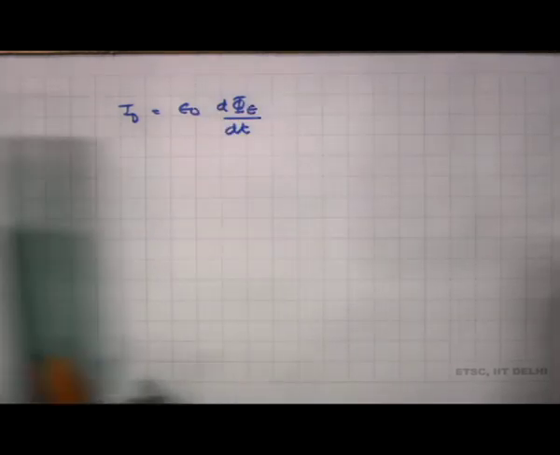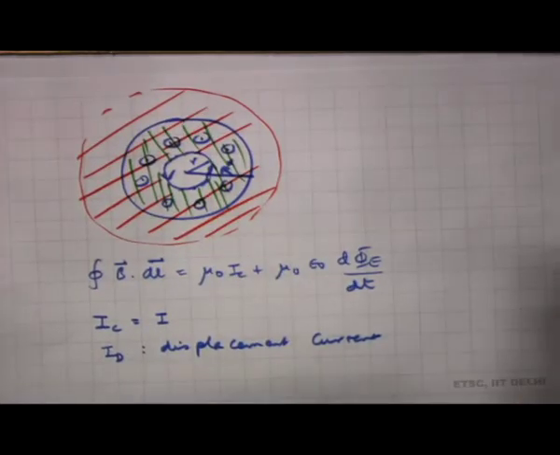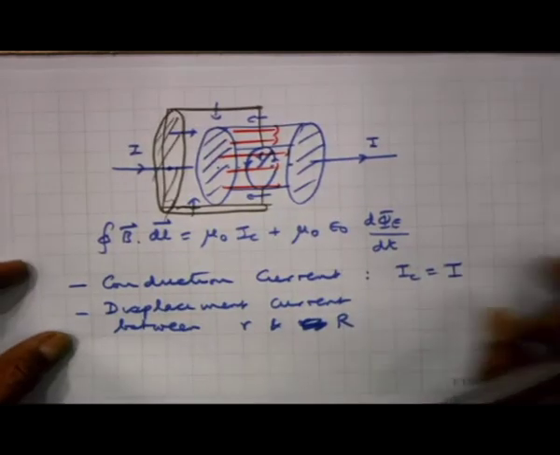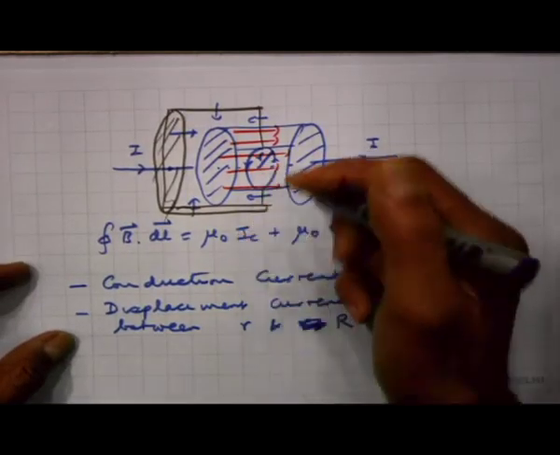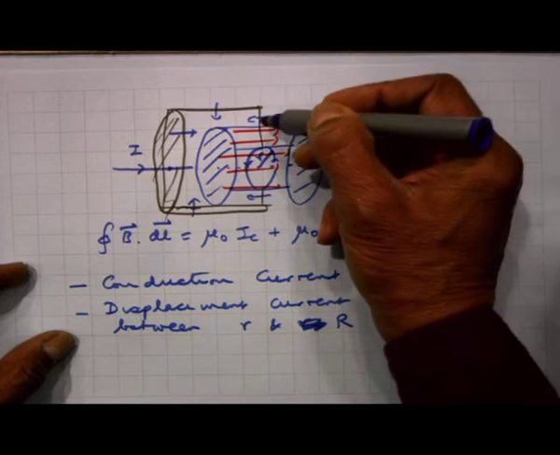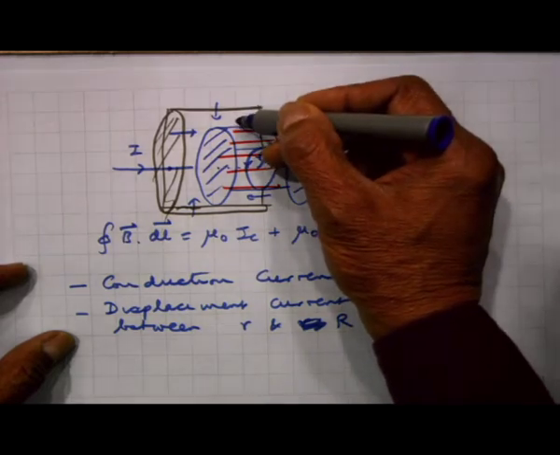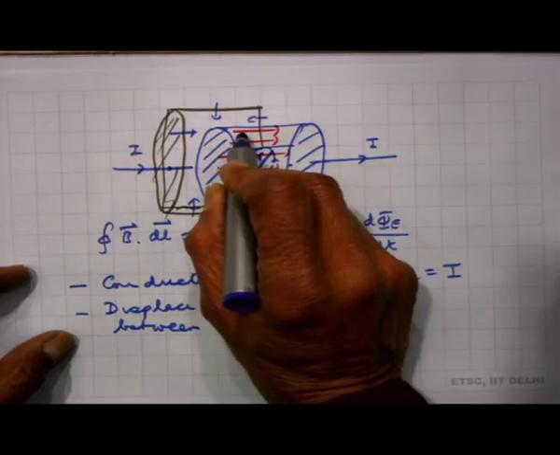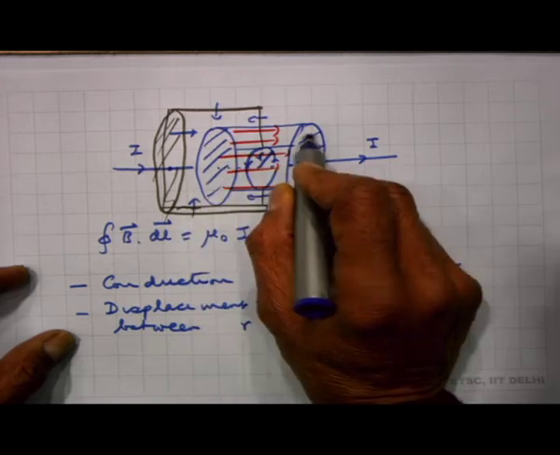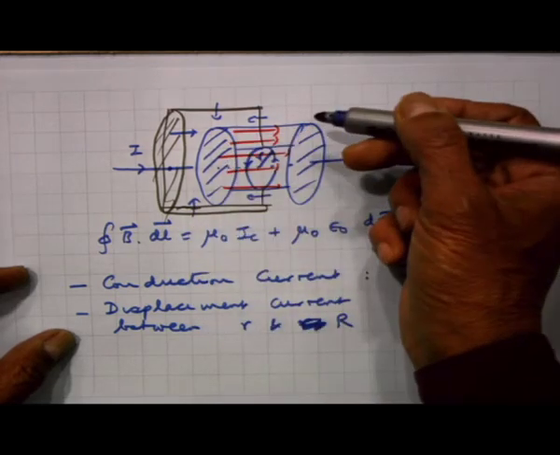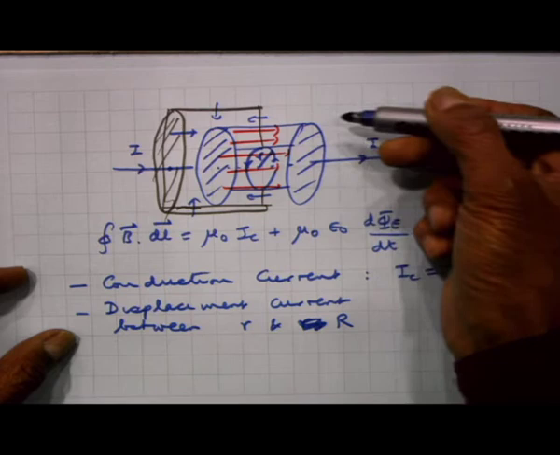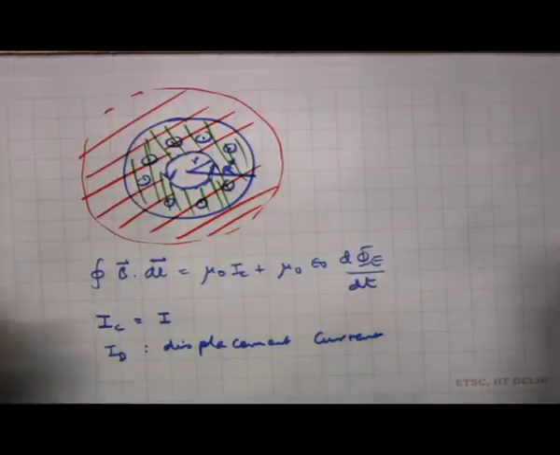Now, here is where the problem appears: because of the direction of integration, the normal is in this direction, and the electric field is pointing away from the surface, outside the surface, and the area vector is towards the surface. So, I will get a negative sign in the integration.